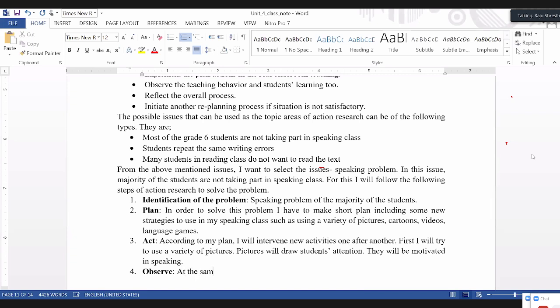At the same time of using pictures, I will also observe my students' behaviors, like are they active in speaking?